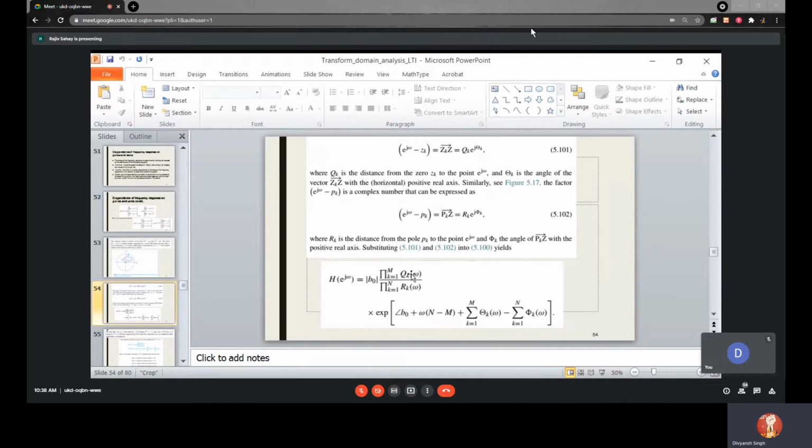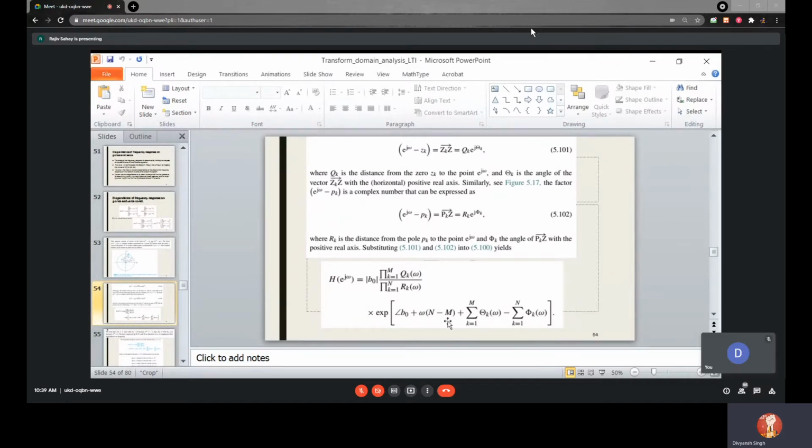So this is your formula for the interpretation with the figure. If you see, this formula has these amplitudes, and they are written as a function of omega. Qk and Rk are the amplitudes of the vectors zkz and pkz, and theta k and phi k are the angles made by those vectors with respect to the x-axis, at zeros and poles.